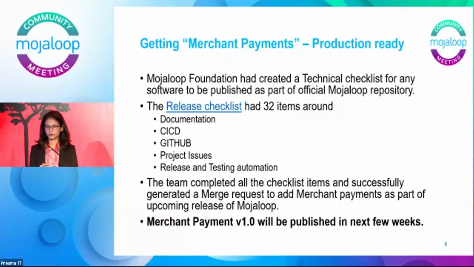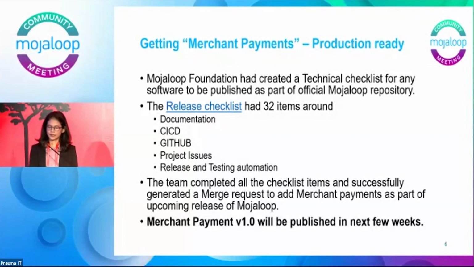We have two GitHub repositories in the merchant registry workstream: one for the documentation, and the other for the actual implementation. We have done all the GitHub repository structuring aligned with the Mojaloop guideline.